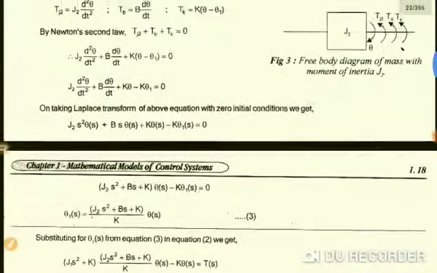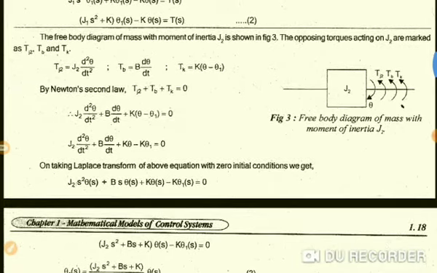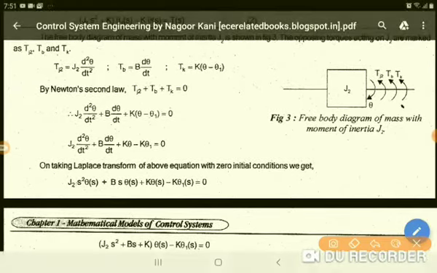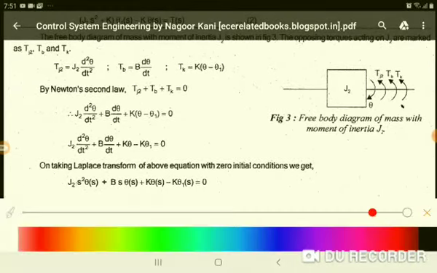The same way, here we have drawn the free body diagram with the J2 torque, B torque, and K torque. The torque at J2 equals J2 d square theta by dt square. The torque at B is B d theta by dt.